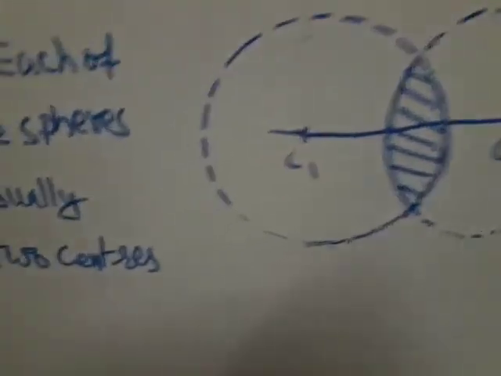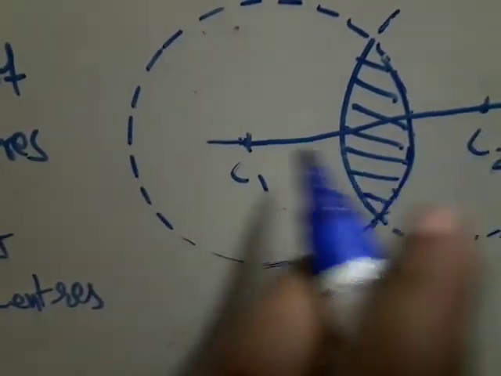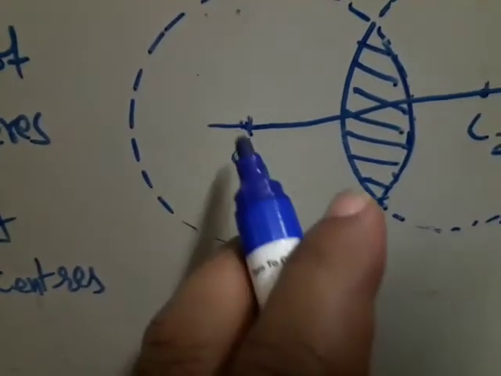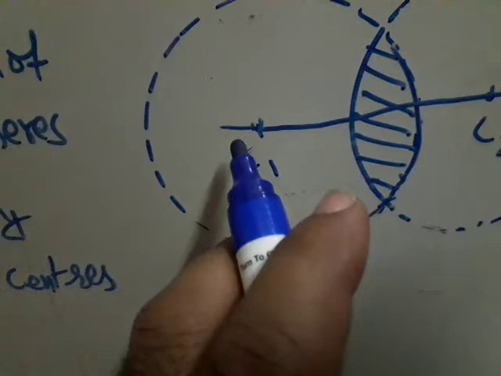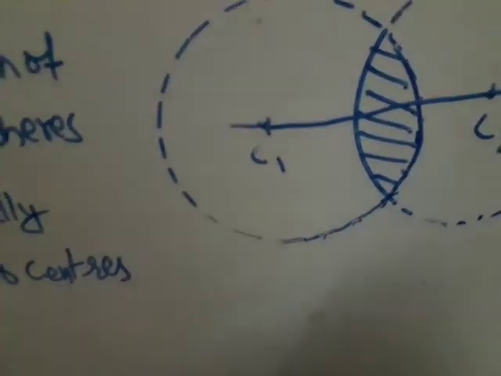So here a new term has come in, that is the principal axis. An imaginary line passing through the centers of curvature is called the principal axis. This principal axis can be shown for the concave lens also.